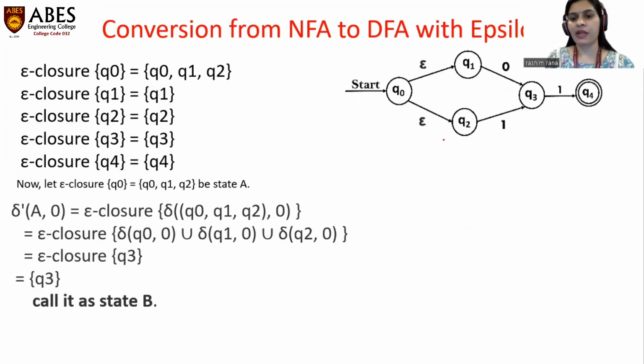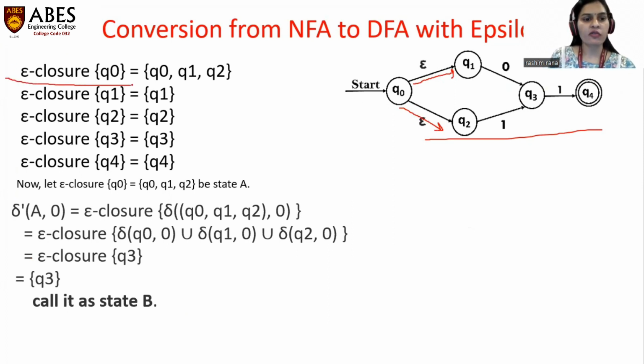Let's take an example. This is our NFA diagram. These are the epsilon moves. So let's first of all find the epsilon closure of Q0, that is the starting state. In closure, we have a rule.